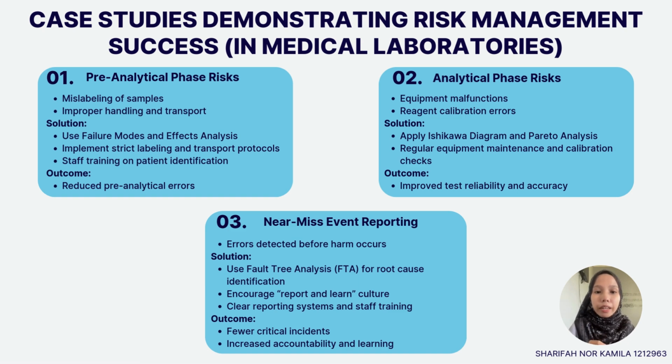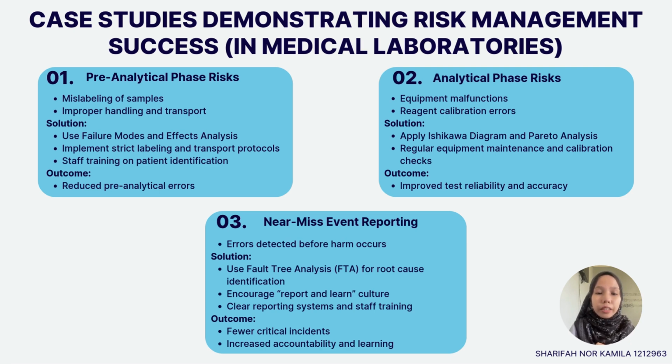First, the pre-analytical phase involves tasks like patient identification, specimen collection, and transportation. This phase is prone to errors such as mislabeled samples or improper handling. To address these risks, one laboratory used failure modes and effects analysis, or FMEA.